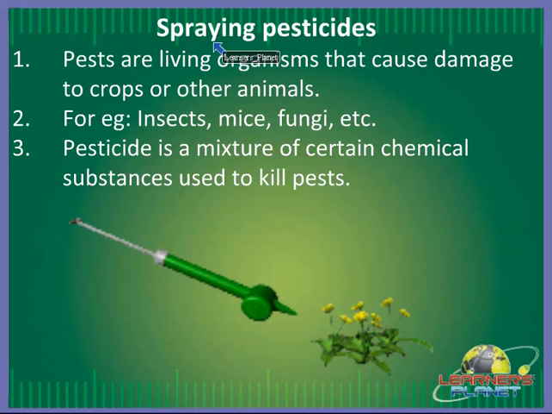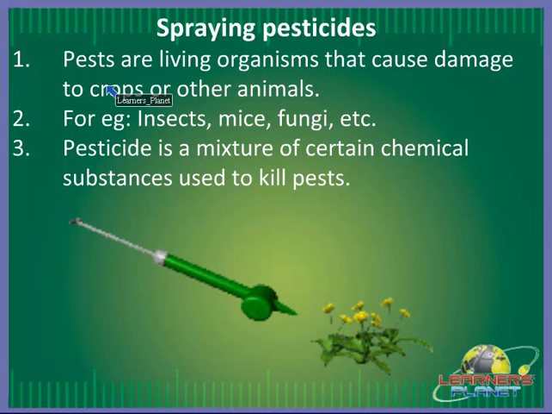Then the next important step is spraying pesticides. So children, first of all you should know why we need to spray pesticides. What are pests, children? Pests are living organisms that can cause damage to crops or other animals, right?